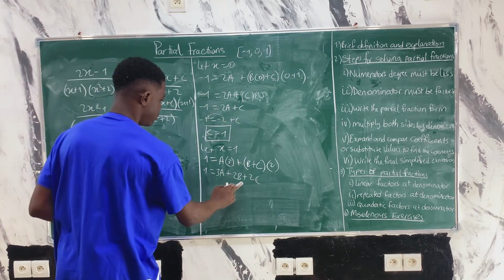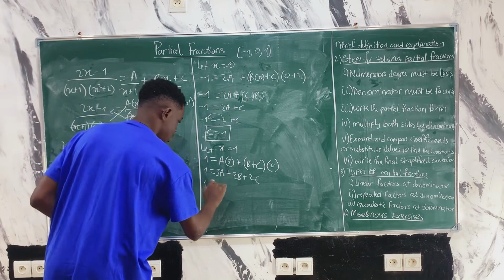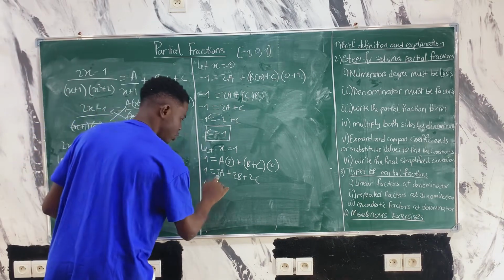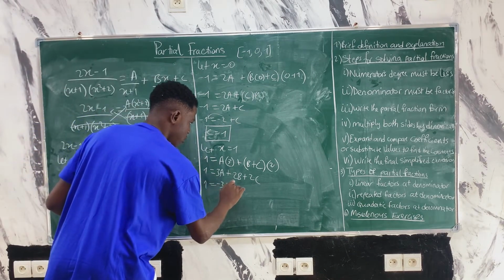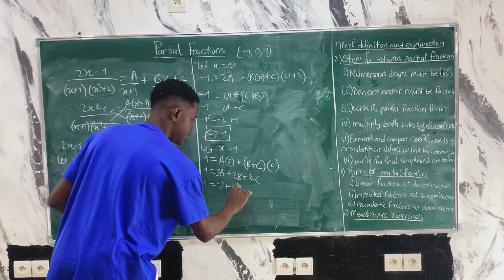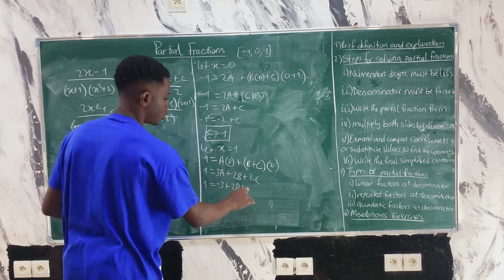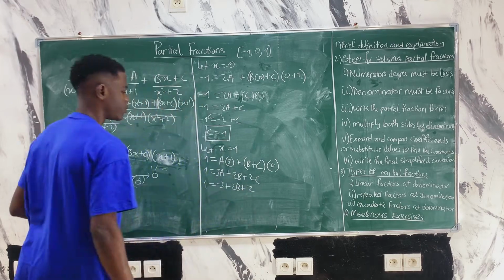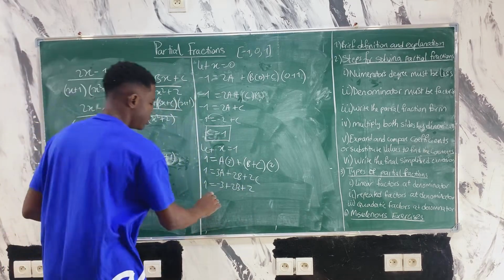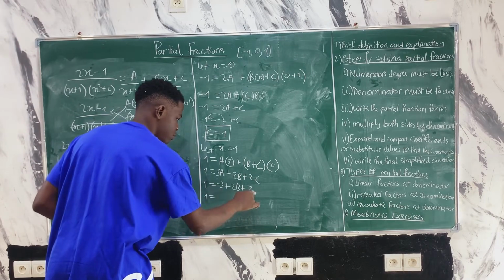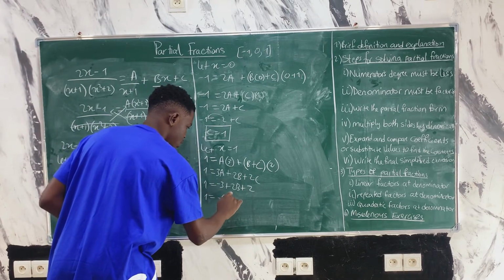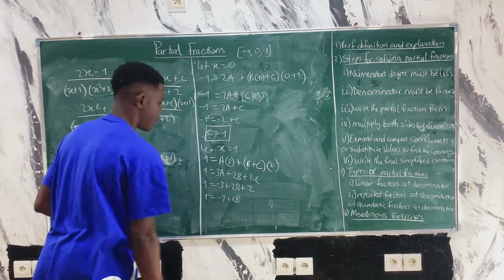So I can replace my C and A here. I'll have 1 is equal to A is minus 1. Minus 1 times 3 is minus 3, plus 2B, plus 2 times 1 is 2. So when I simplify, I have 1 is equal to minus 3 plus 2 is minus 1, plus 2B.